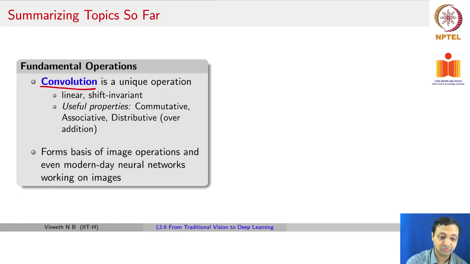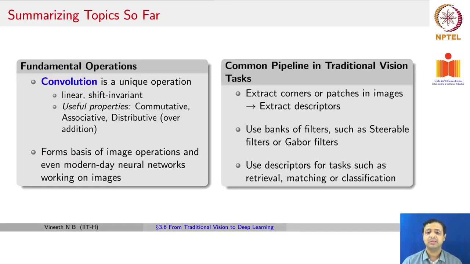It forms the basis of image operations, and it also forms the basis of neural networks, the ones most commonly used in computer vision, known as convolutional neural networks. So convolution remains used to this day, even as part of deep learning.